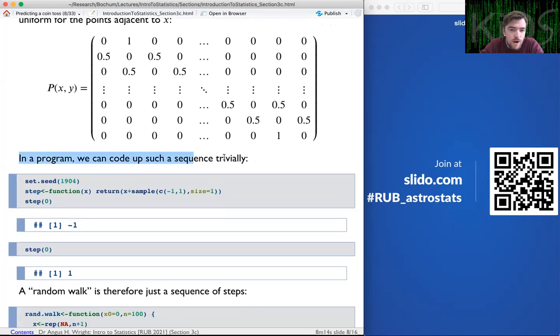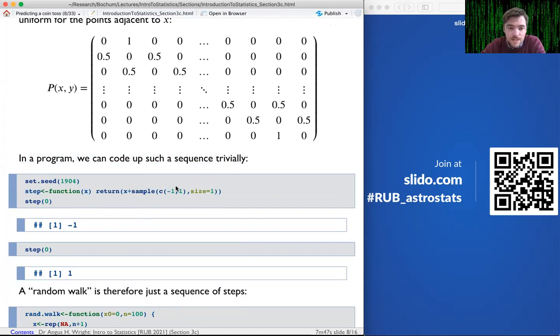We can program up this random walk really simply. We have a single step, and our single step is a function. If I am at location X, I can take a step, and my step will either be back 1 or forward by 1, and only one step, with equal probability.